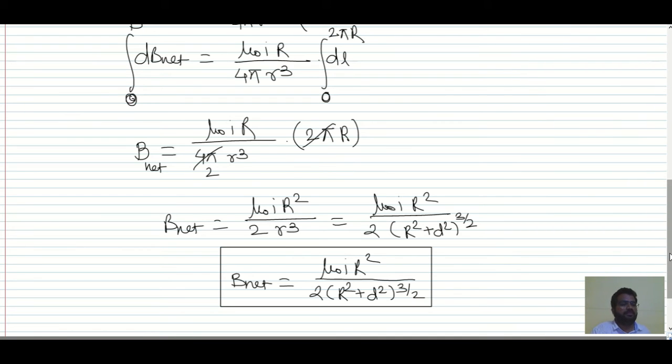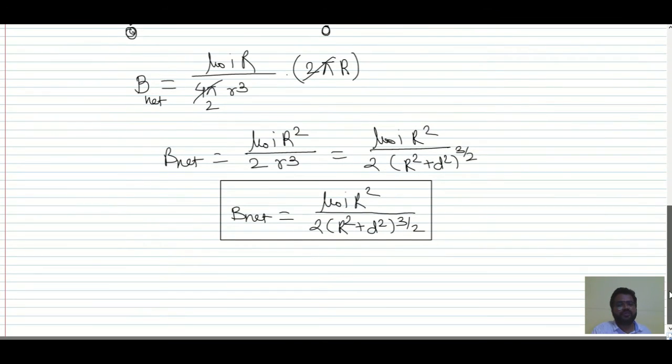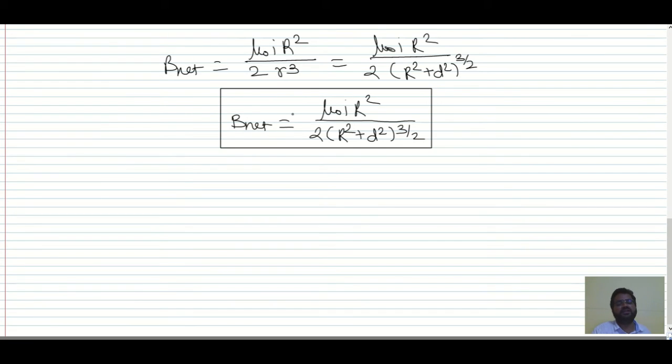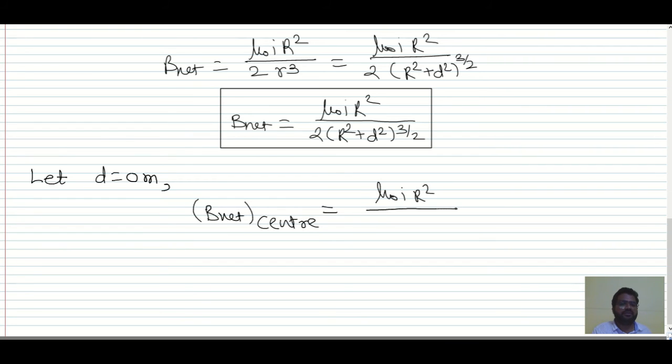So this is the magnetic field on the axis of a current carrying circular coil. Now to validate this, let d be equal to 0 meter. Then what will happen? We get the net magnetic field at the center. And what is that net magnetic field then? Mu naught I R squared divided by 2 times R squared plus 0 squared whole raised to 3 by 2.